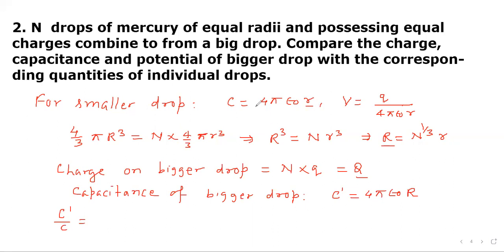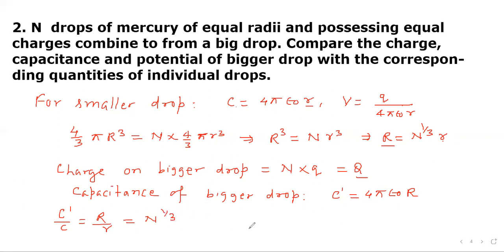We will get C equal to 4 pi epsilon naught r, which is capacitance of smaller drop, and C dash is capacitance of bigger drop. So the ratio will be capital R to small r. But here, if we try to get capital R to small r, we will get N power 1/3. So here, answer will be N power 1/3.